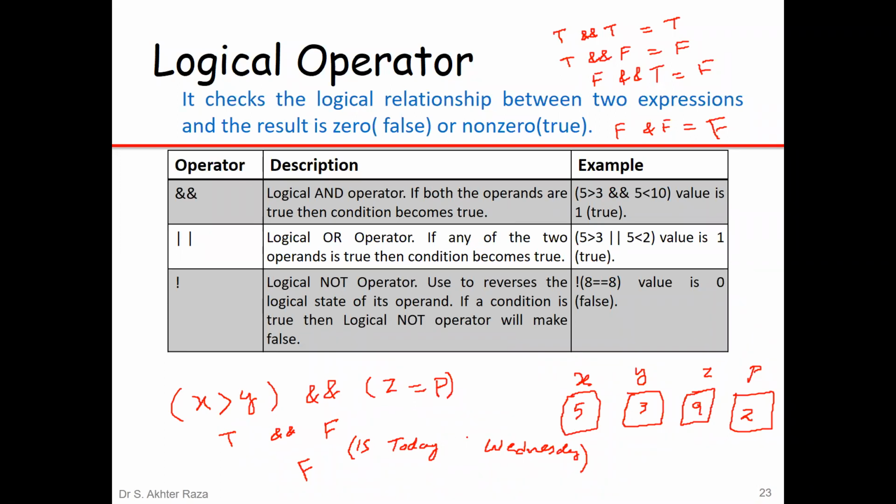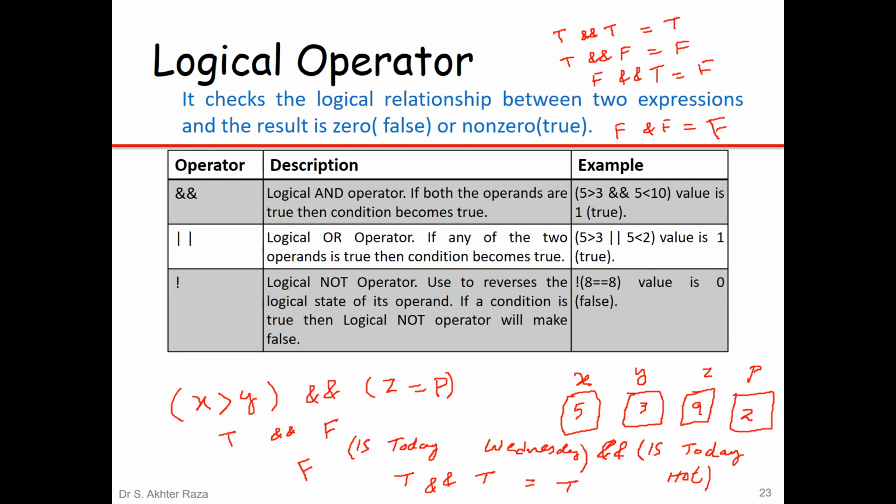And another thing I am putting here is and: is today hot? So I have two conditions here. First condition, is today Wednesday? Yes, today is Wednesday. Is today hot? Yes, today is hot. So if both of the conditions are true, then we can say that the overall condition is true. So this is called a logical operator.